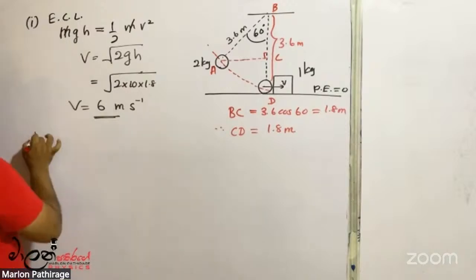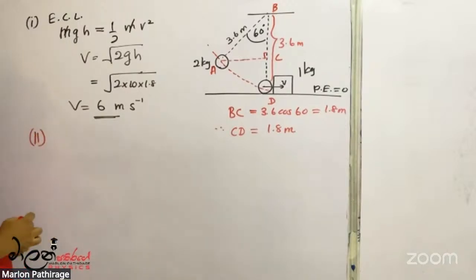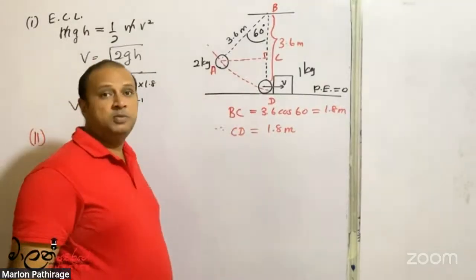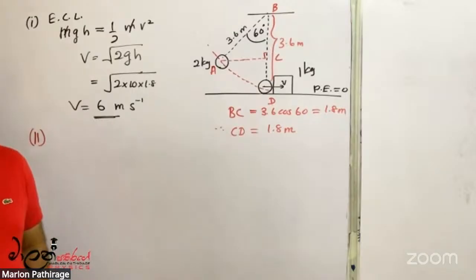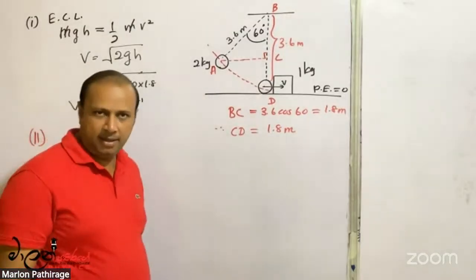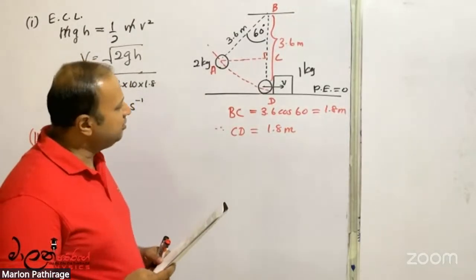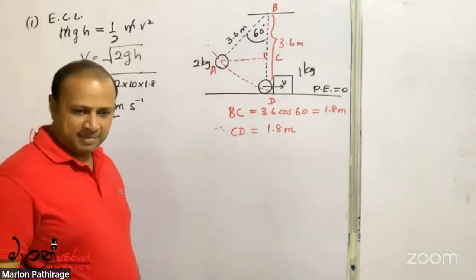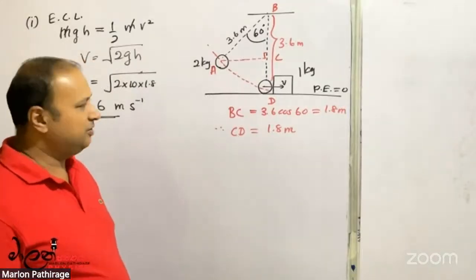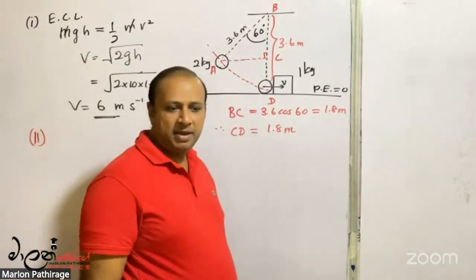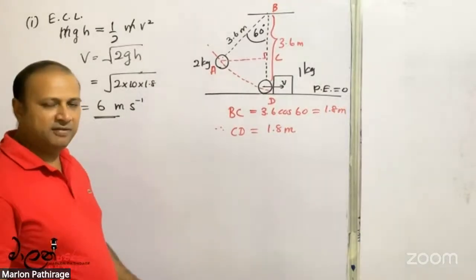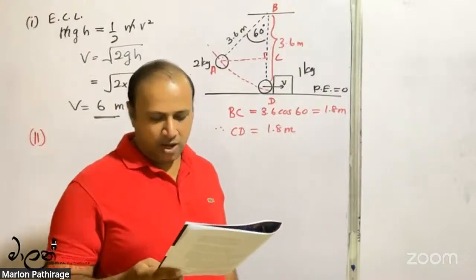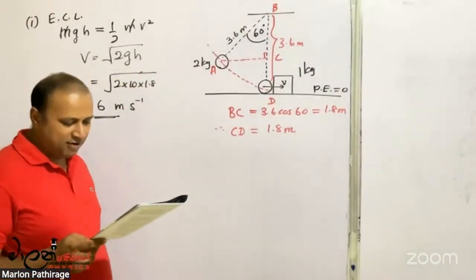Now, the second scenario: once the 2 kg object hits the 1 kg mass, it will stop and the 1 kg mass starts to move with a certain velocity.